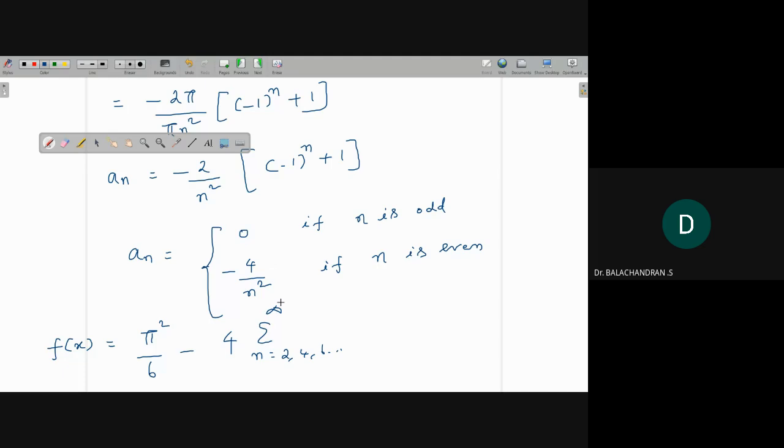When n is odd, a n is 0. So 1 by 4 by n square into cos nx. So now I am going to write n equal to 1 to infinity, replace n by 2n.